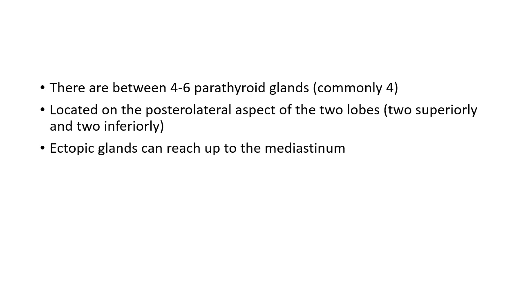Because of that descent, what's unique is that there can be a variable location of the parathyroid gland, and this is what we call an ectopic gland, a gland that is abnormally located, and it can be found even in the mediastinum, which is the central portion of the thoracic cavity.